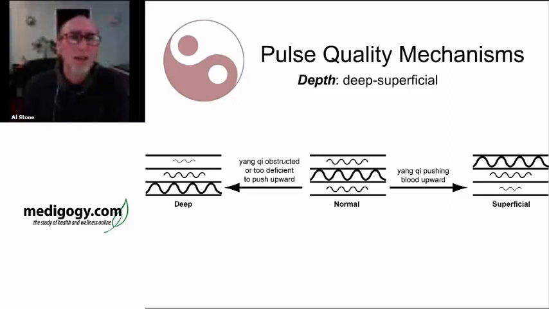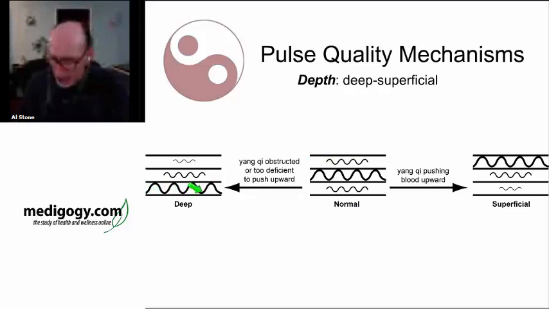When we look at the depth of a pulse, what we want to see is what's in the middle there. We see that the pulse is strongest at the middle, where you're pushing kind of hard, but not real hard, and you can feel it a little bit above and a little bit below. You can feel it when you push hard, and you can feel it when you push lightly. That's what you want. But sometimes the pulse is very deep.